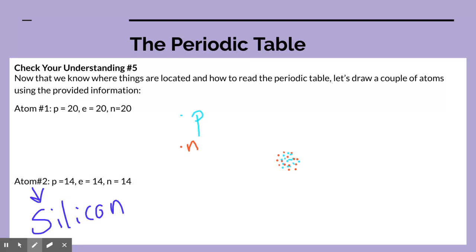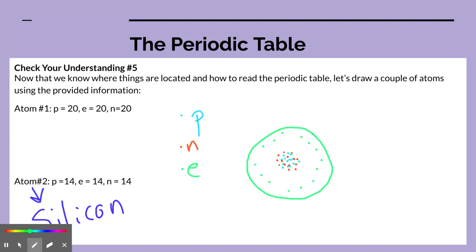So there are my neutrons. And then my electrons are going to be green again. There's 14 of them. So 1, 2, 3, 4, 5, 6, 7, 8, 9, 10, 11, 12, 13, 14. So then there's my electron cloud. And then here is my nucleus. And I have my atom. Perfect. And again, that's silicon.